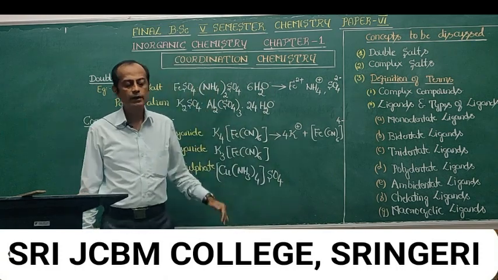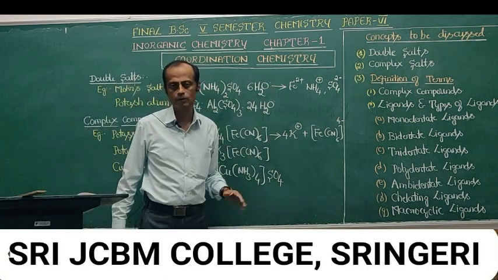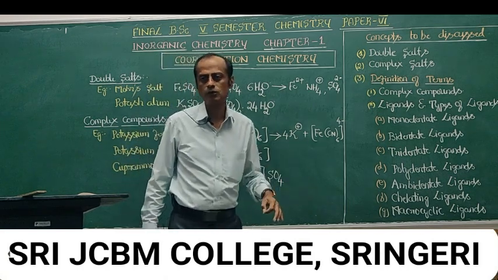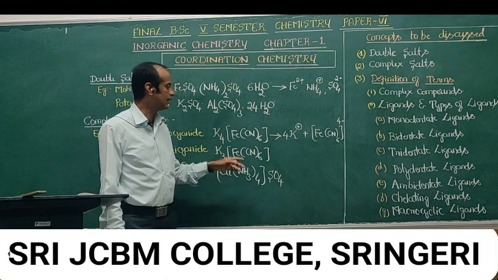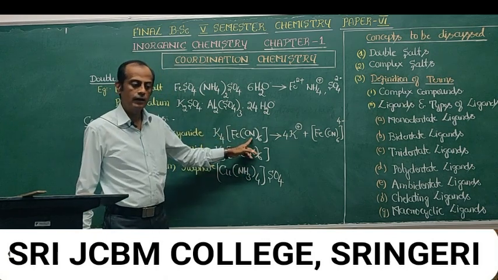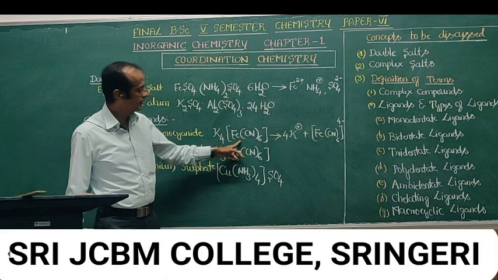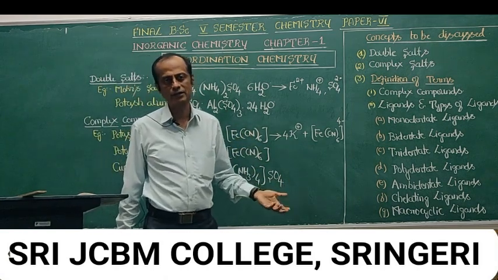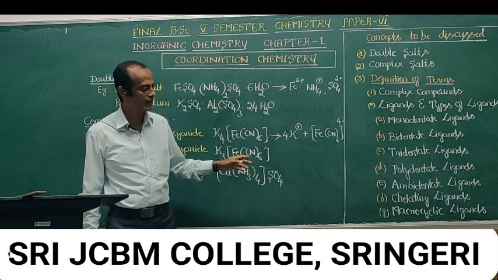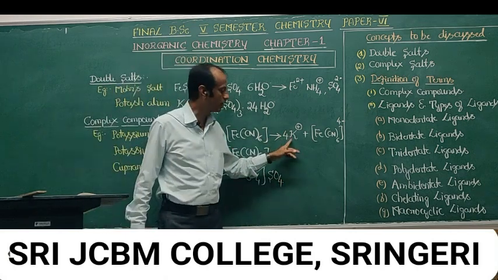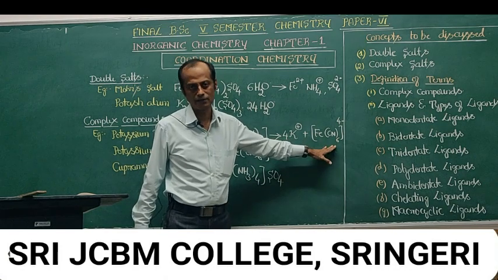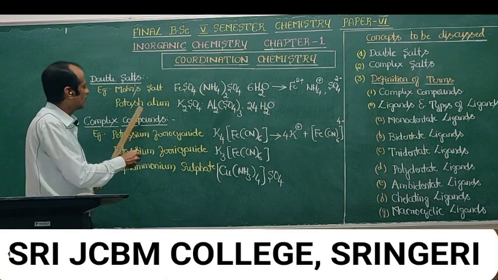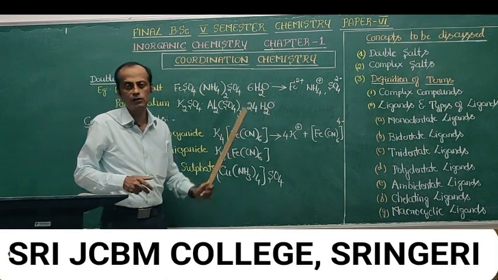But in case of a coordination compound or a complex salt, the simple salts involved lose their identity after the formation of the complex salt, and complex salts are stable both in the solid state as well as in the solution. That means when complex salts ionize, they give a simple ion as well as a complex ion. These are the differences.